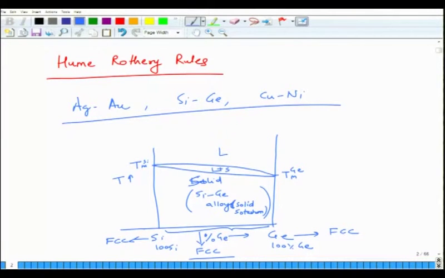If you move from the germanium side, some of the germanium atoms are replaced by silicon. Even at 50-50, each atom has a probability of being 50% germanium or 50% silicon, for each site occupancy. So this is a disordered solid solution which shows extended solid solubility. This is true for gold, silver, for silicon germanium, and for copper, nickel.